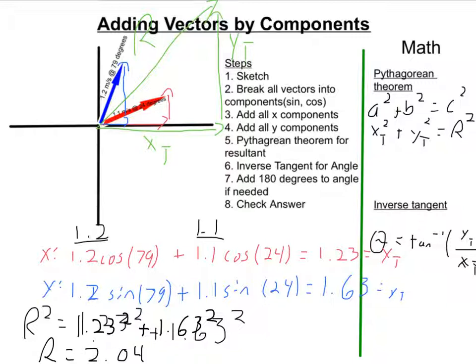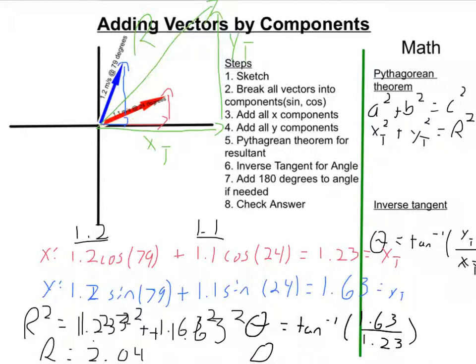Now we're not done yet because we have to figure out what the angle is, right? And so we're going to use inverse tangent for that. So theta is going to equal tan inverse of my Y total, which is 1.63, divided by my X total, 1.23. Plug into calculator and you get 52.96 degrees.